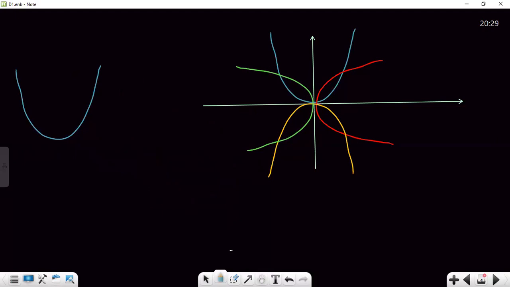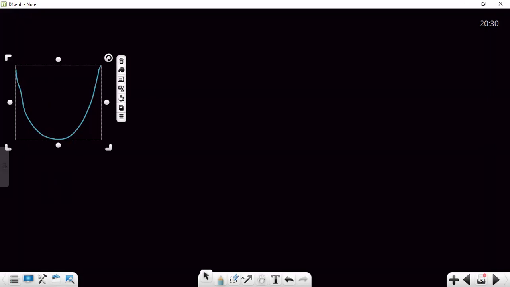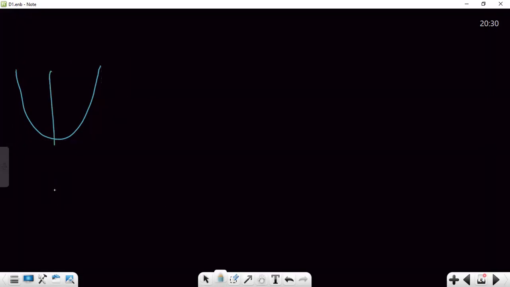But what's more is the equation of this parabola. Typically, if we look at this parabola in this axis system, it always has positive values of y.